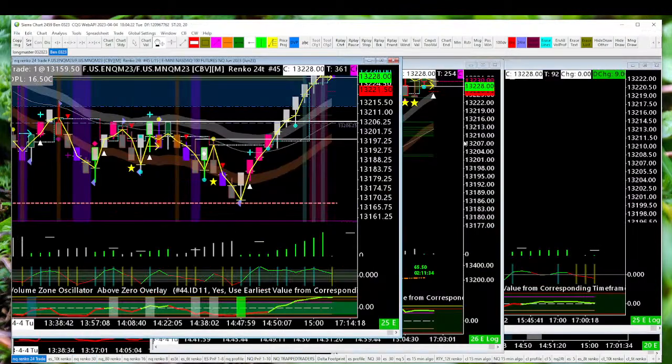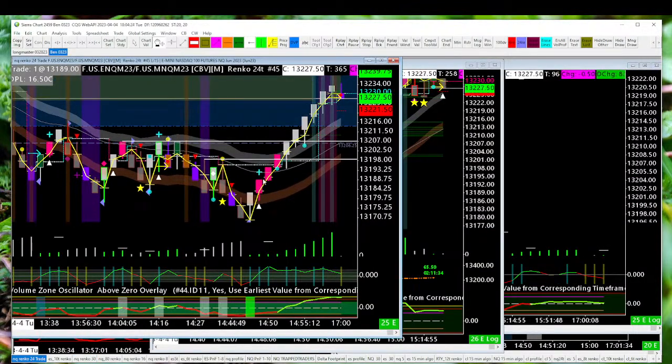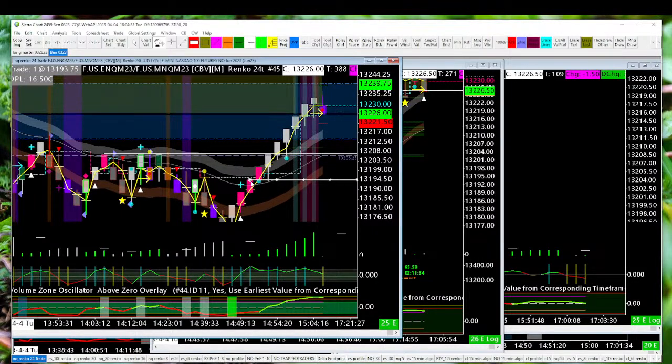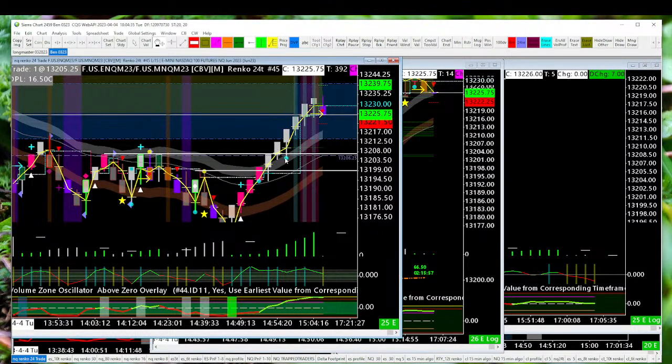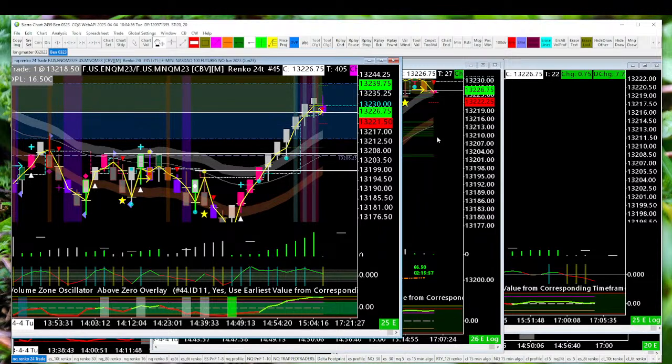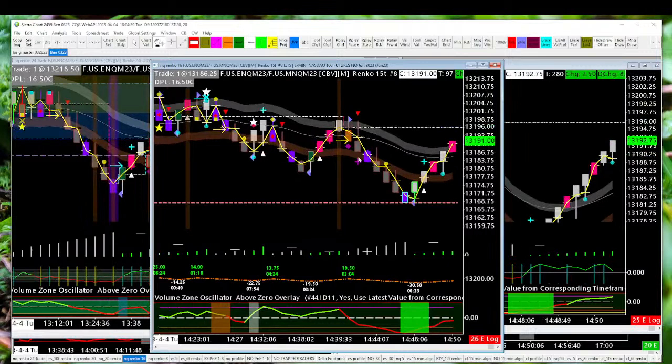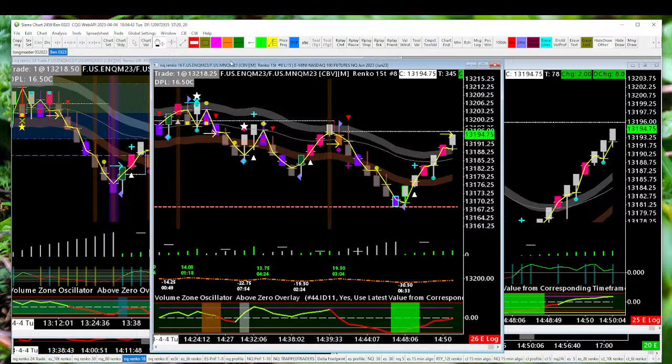On the smaller time frames, what that looked like was just the dot, I guess. It was really the only clear way to get long, other than breaking a dot. But then you usually need a blue dot. You get long awfully late there. And then here on the smallest time frame, there is this dot and this dot.